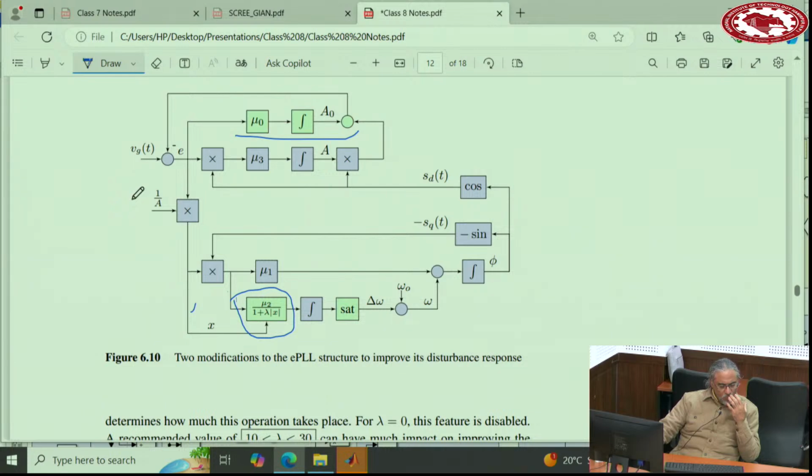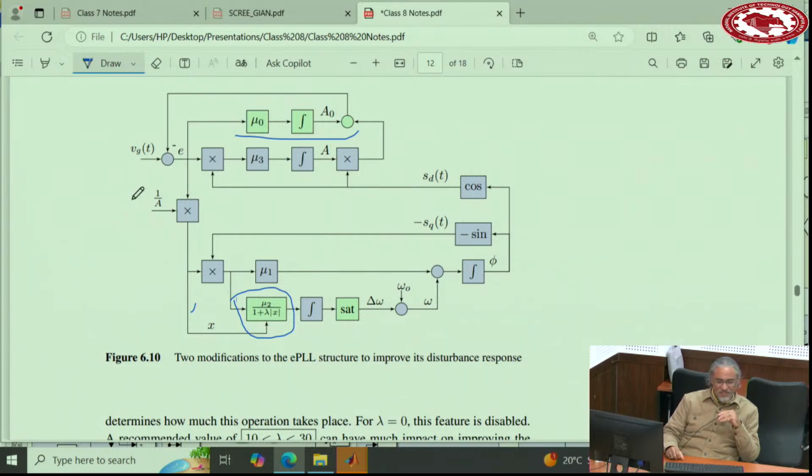When a phase jump happens in grid voltage, in AC waveforms, when transient faults happen, or when local loads switch in, if you observe the grid voltage, you will see a phase jump. The voltage jumps 5 degrees and then continues.